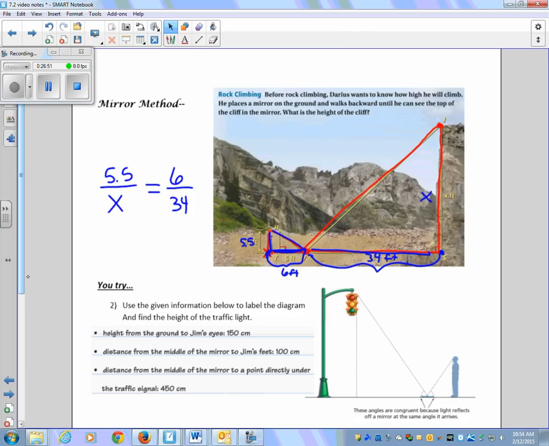Remember, all of these proportions could be written in different forms. I could have done height of me to distance of me from the mirror, and then height of cliff to distance of cliff from the mirror. Either way, you are going to get the same cross products.